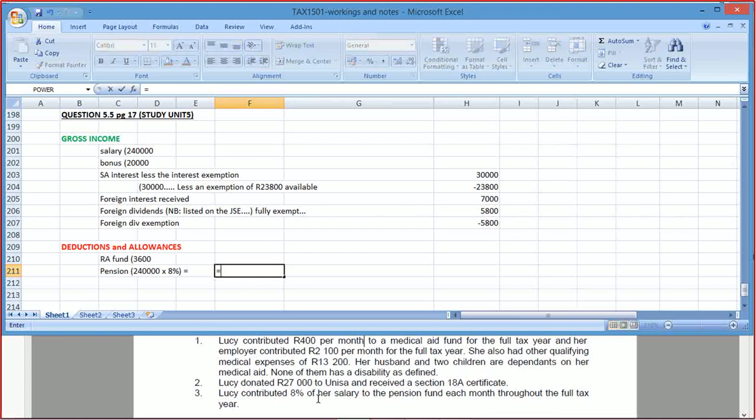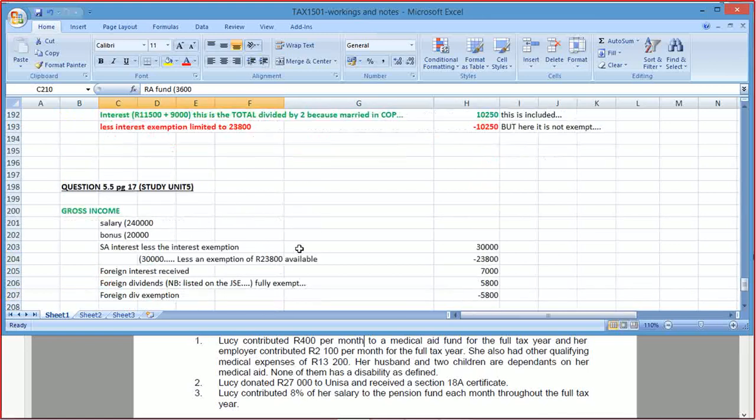Okay, so pension. Point number 3 said Lucy contributed 8% of her salary. Her salary was 240,000 times 8%, which gives you how much she contributed. Times 0.08, that's 19,200.